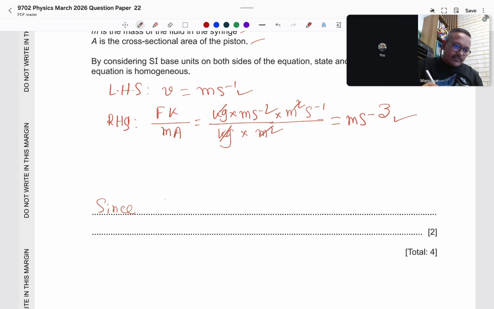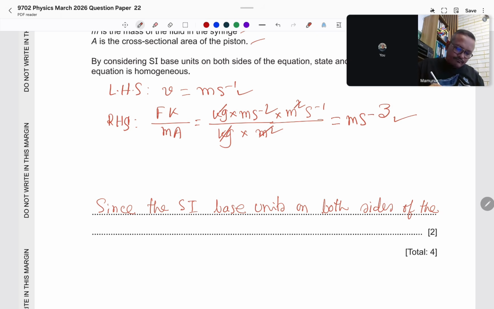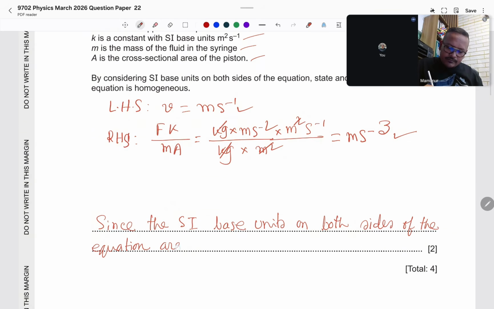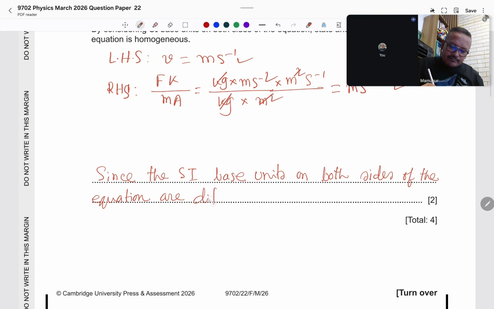Since the SI base units on both sides of the equation are different, the equation is not homogeneous.